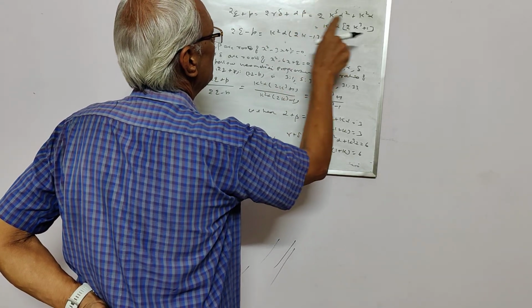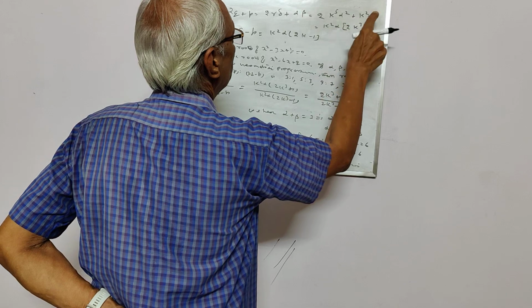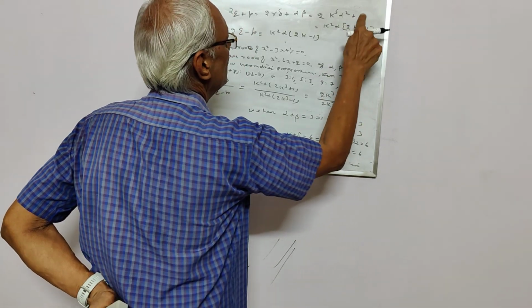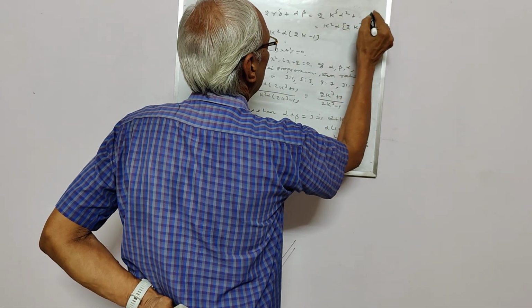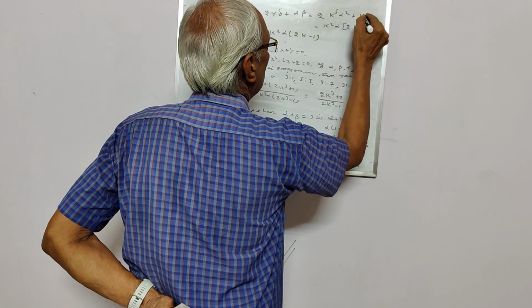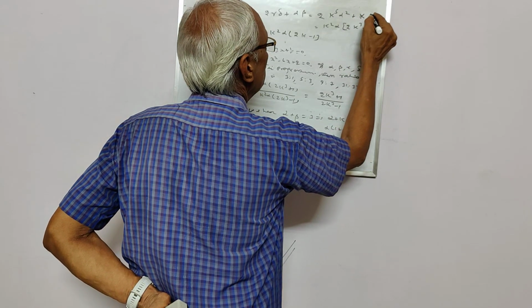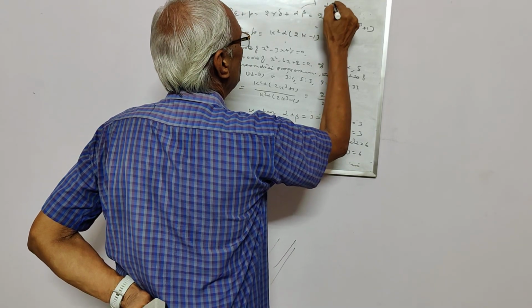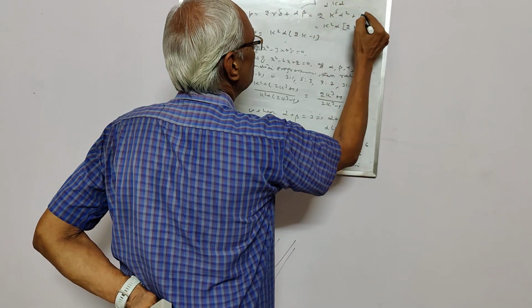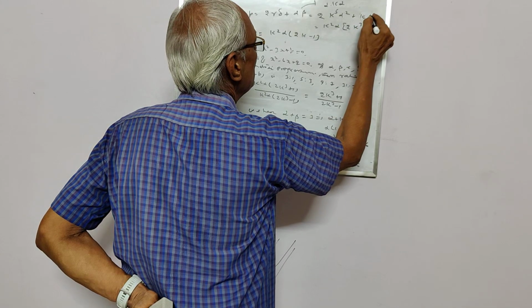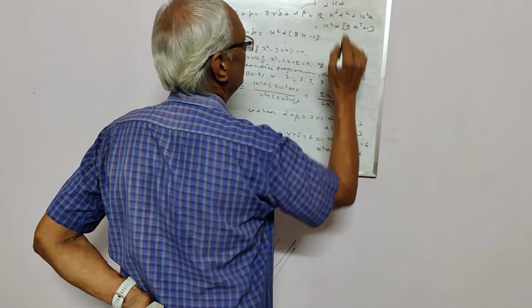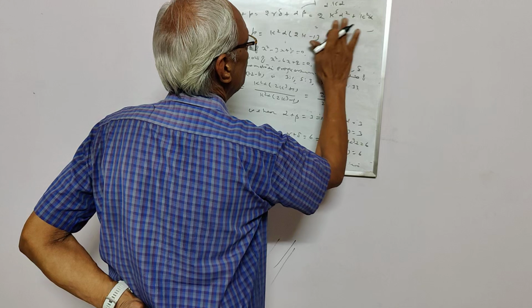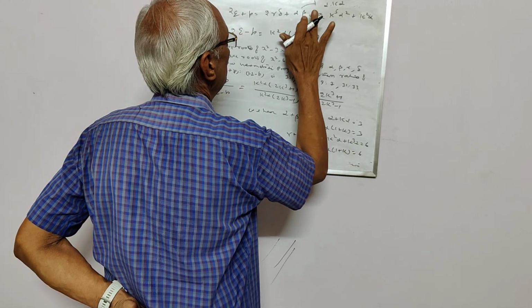It is k alpha into alpha, so this is k squared alpha.